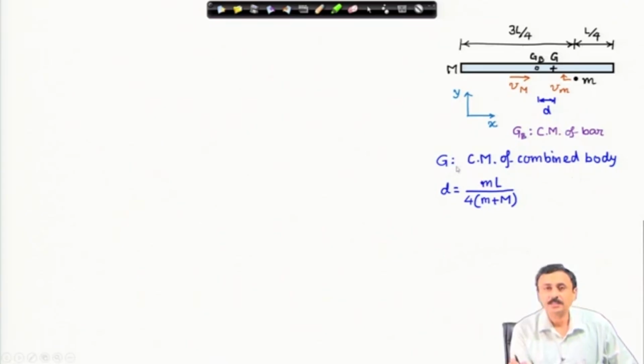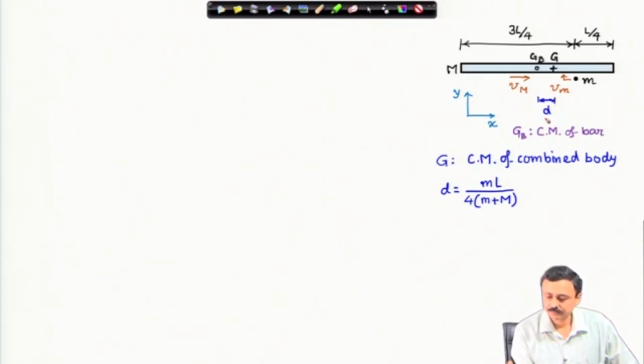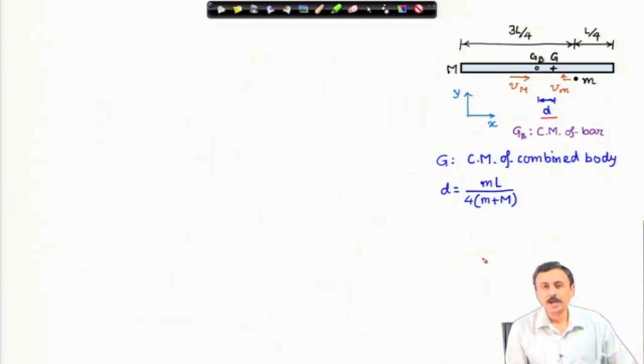I can find out this distance d that I have marked here by using the center of mass relation. This d is found to be mass of the particle times length of the bar divided by 4 times the total mass. This can be easily found.